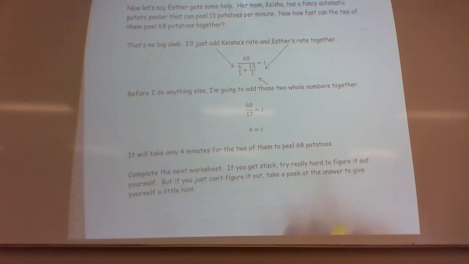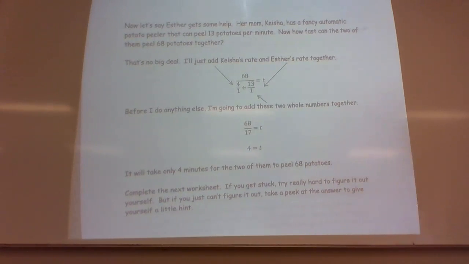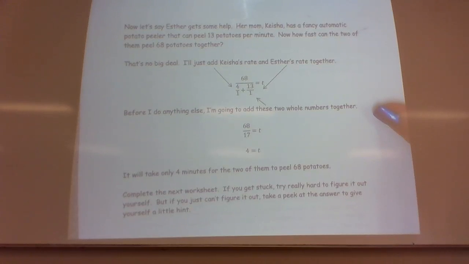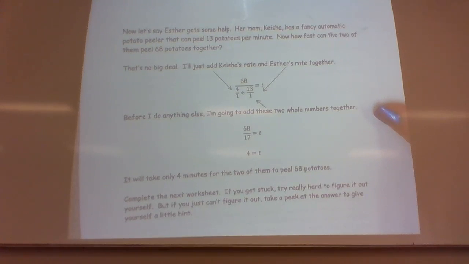Going to the top of page 29. And they're going to add a little bit to this. It says, now let's say Esther gets some help. Her mom, Keisha, has a fancy automatic potato peeler that can peel 13 potatoes per minute. Now how fast can the two of them peel 68 potatoes together? Right?